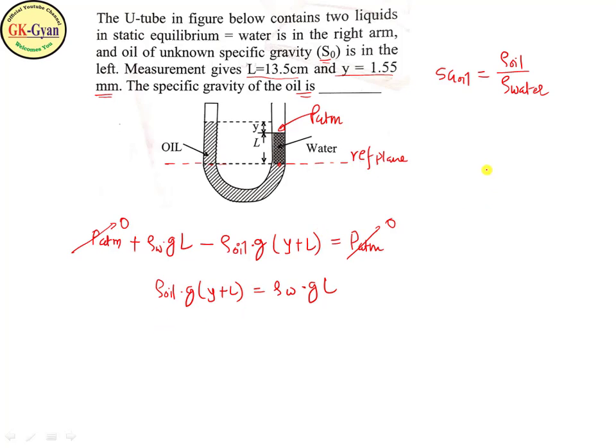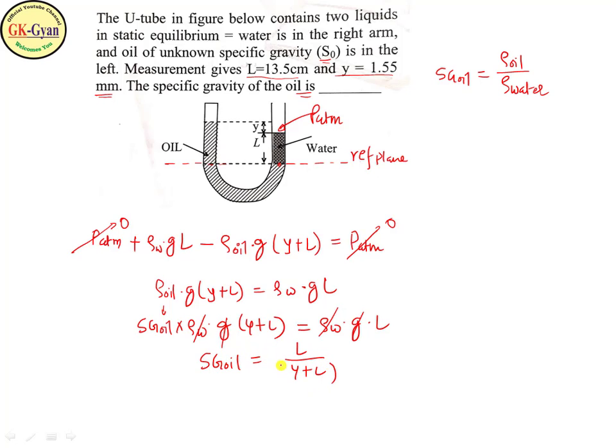Then we know the specific gravity of oil is rho of oil upon rho of water. So we replace it: specific gravity of oil into rho of water into g into Y plus L equals rho of water into g into L. The density of water cancels, g cancels. What will remain here? Specific gravity of oil equals L upon Y plus L.